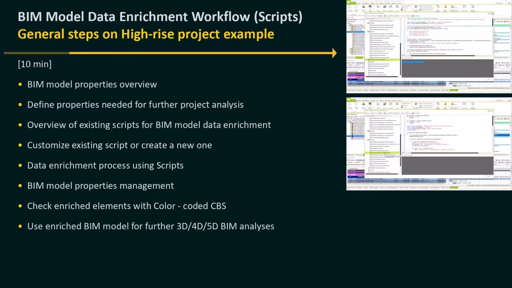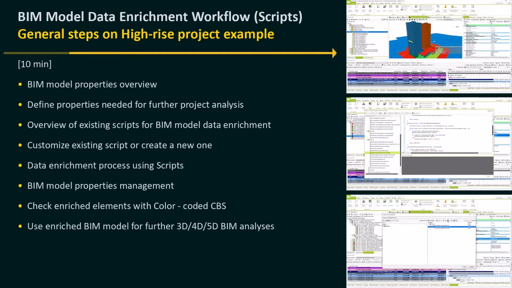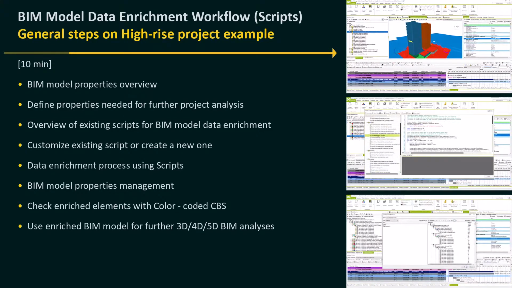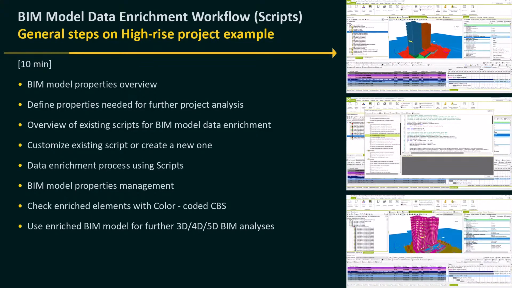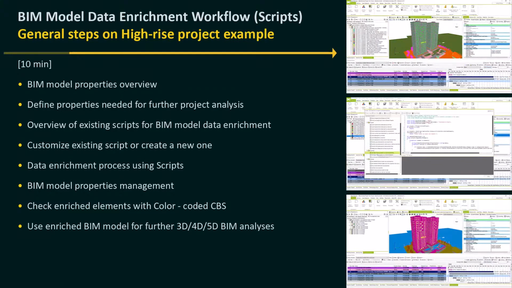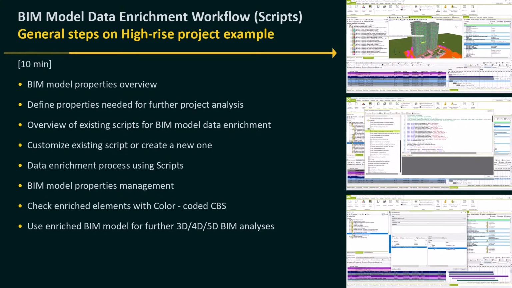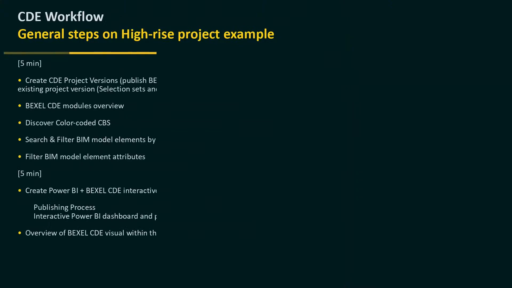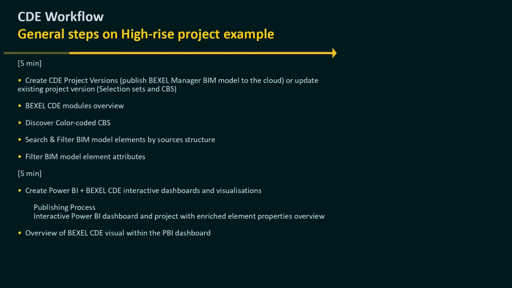They include the following: BIM model properties overview, defining properties needed for further project analysis, overview of existing scripts for BIM model data enrichment, customizing an existing script or creating a new one, data enrichment process using scripts, enriched BIM model properties overview, checking enriched elements with color-coded custom breakdowns, and using the enriched BIM model for further 3D, 4D, and 5D BIM analysis.